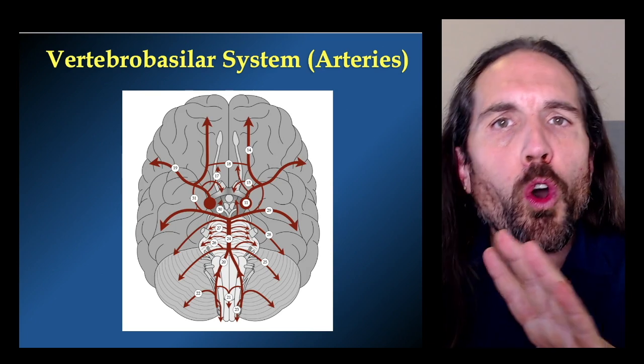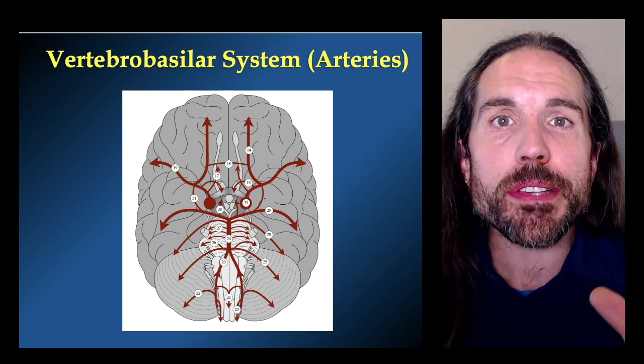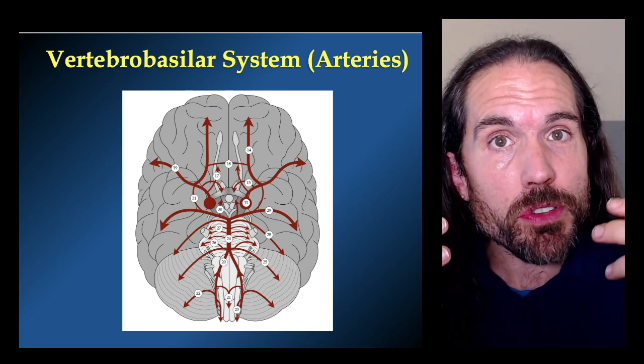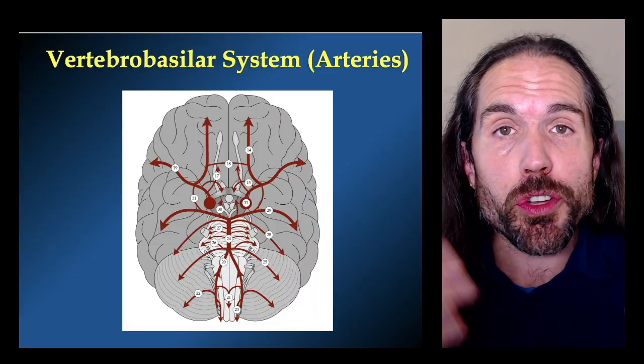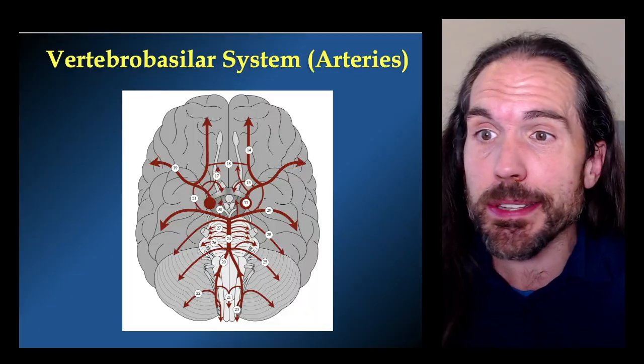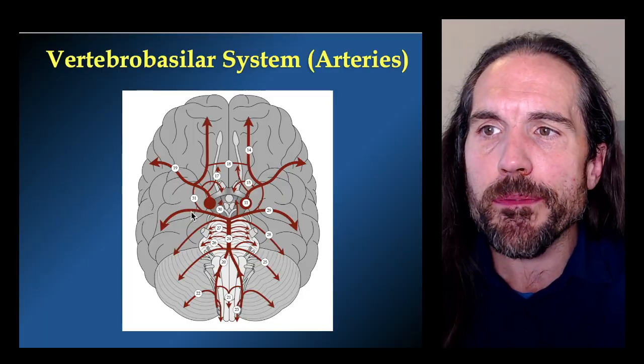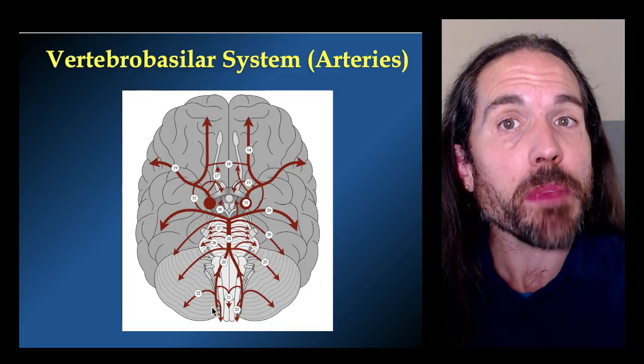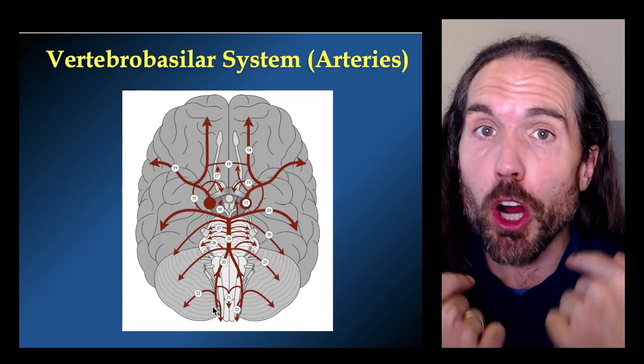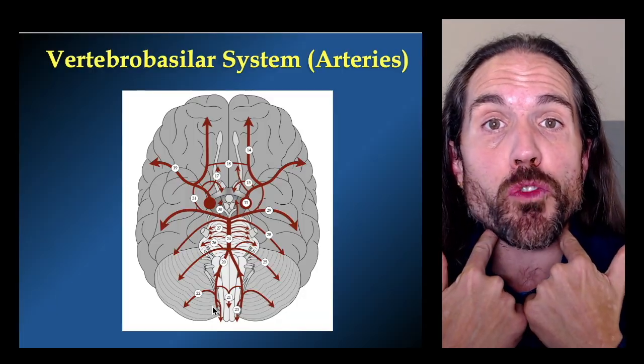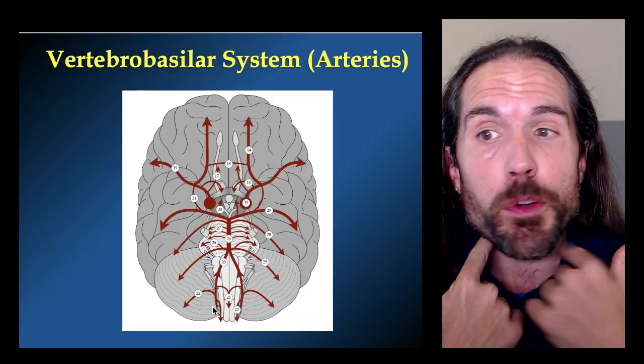All right, I've got a horrible picture here of some of the major blood vessels supplying blood to the brain, particularly the brain stem. It's what's known as the vertebrobasilar system. In brief, you've got a pair of arteries that transmit directly through the vertebrae in your neck.